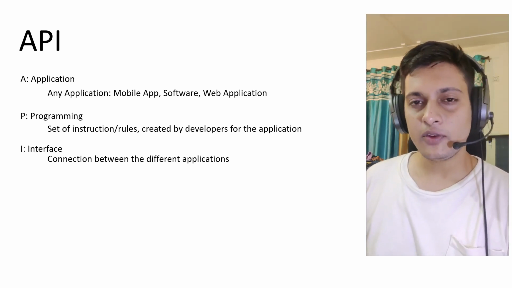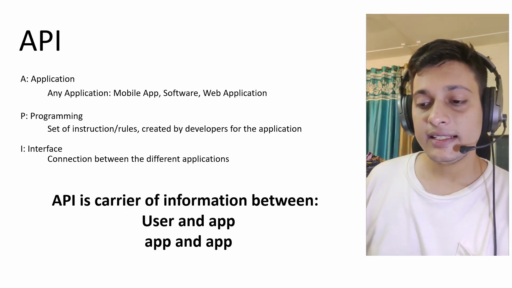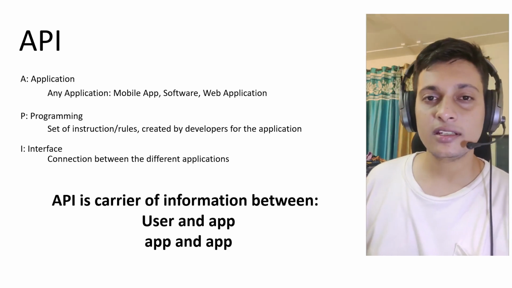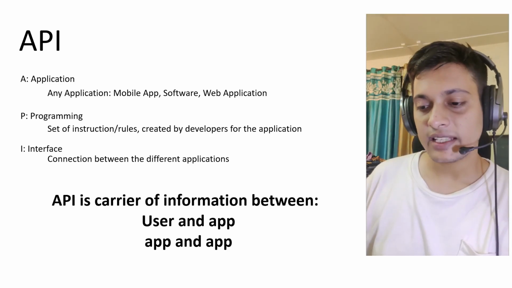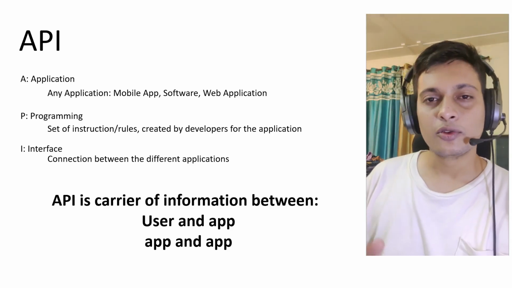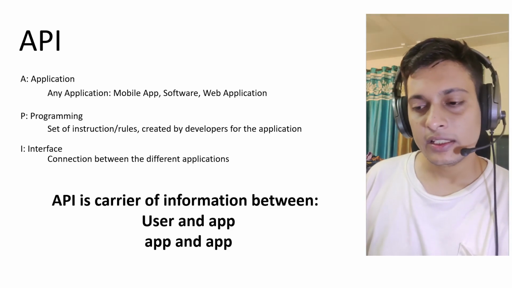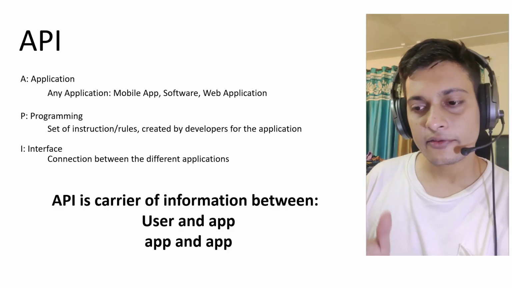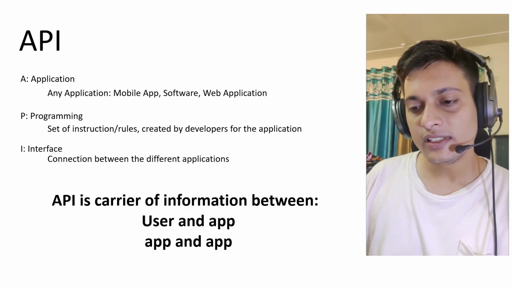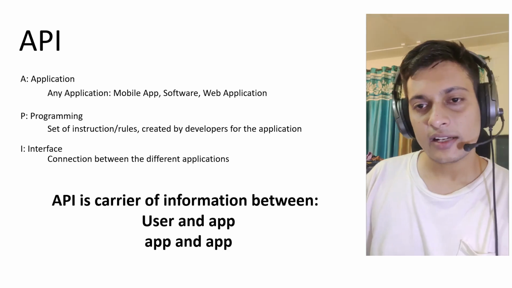If I come to the final conclusion, API is the carrier of information between user and application, and between application and application. Just see an example. If you go to Google and search for a flight from Delhi to Mumbai, in the search section you will see different apps providing different prices for the flight.